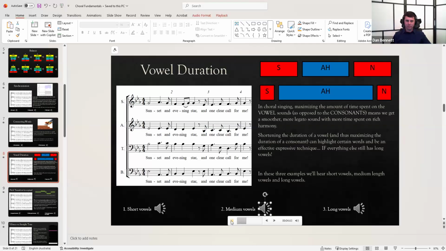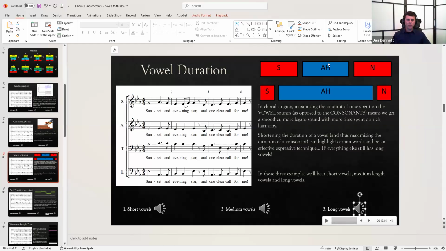Sunset and evening star, and one clear call for me. And this is long vowels. Sunset and evening star, and one clear call for me.